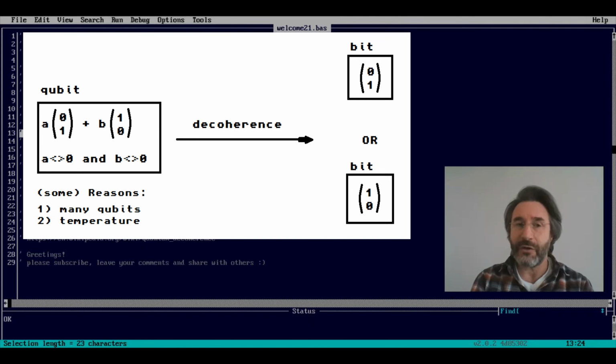And as a result of this interaction, classical behavior starts to emerge. So in practice, if you put many quantum systems together and you connect them together, essentially they start to behave as a classical system. This means that you cannot connect too many qubits with each other, otherwise they start to behave just as bits.